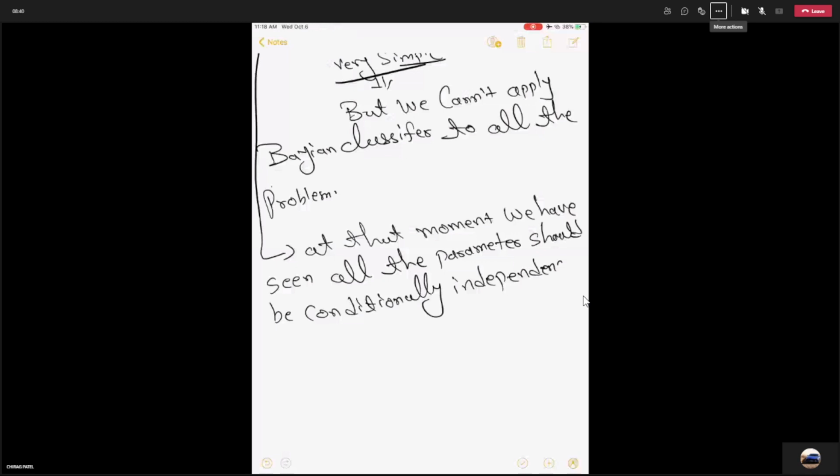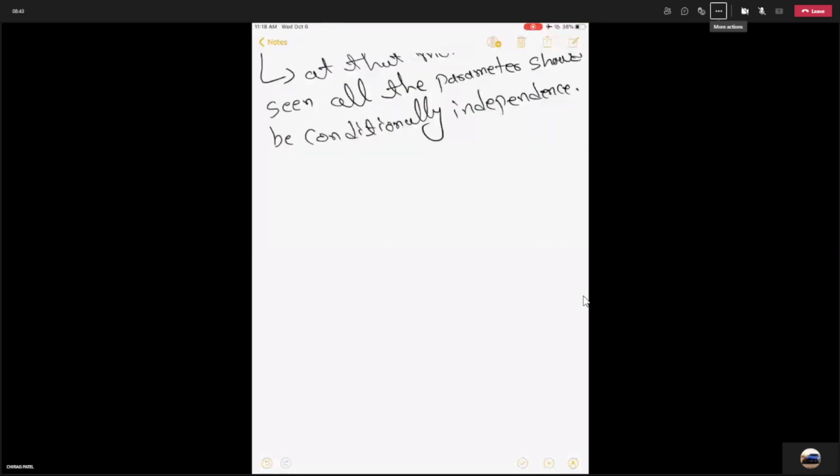So now we're moving ahead from Bayesian classifier to Bayesian belief network, or you can say the Bayes network.